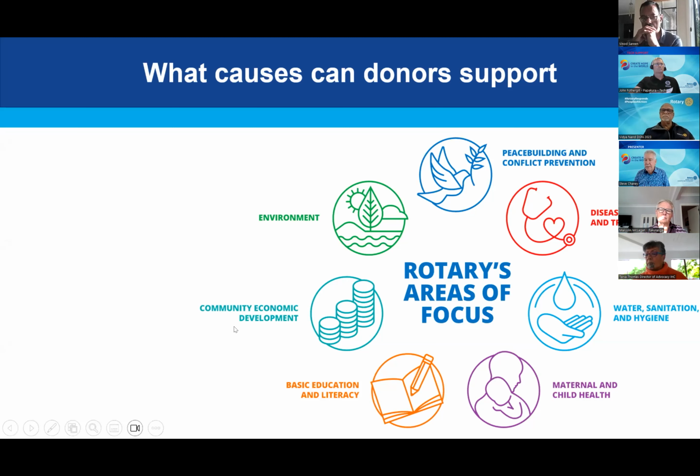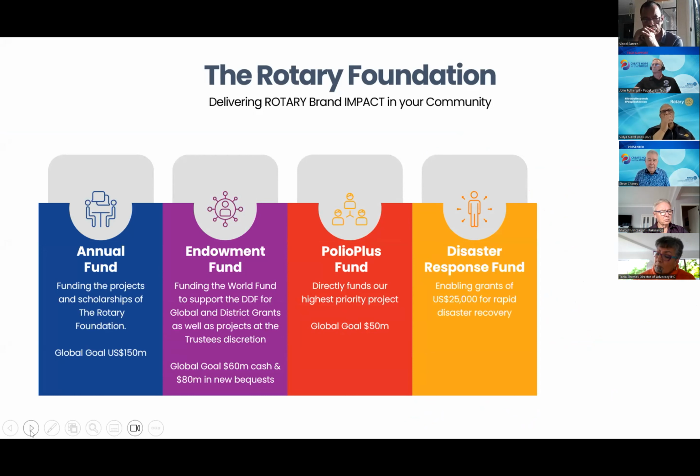I won't go to the fifth fund because it's for Australia only. But in terms of funding, we've got the annual fund, the endowment fund, Polio Plus, and the disaster response. And just having those 3 grants in the last 3 years has just been amazing in terms of what we've been able to do in our district.